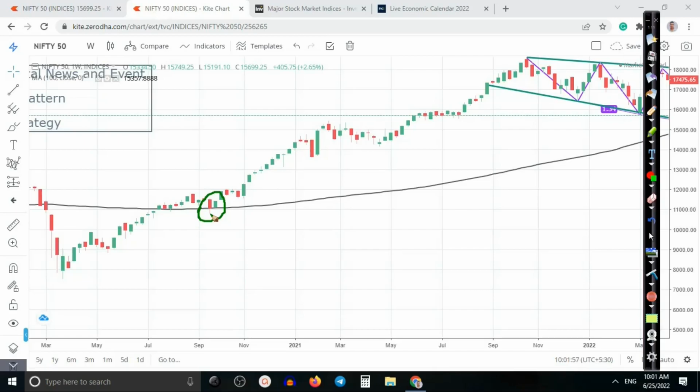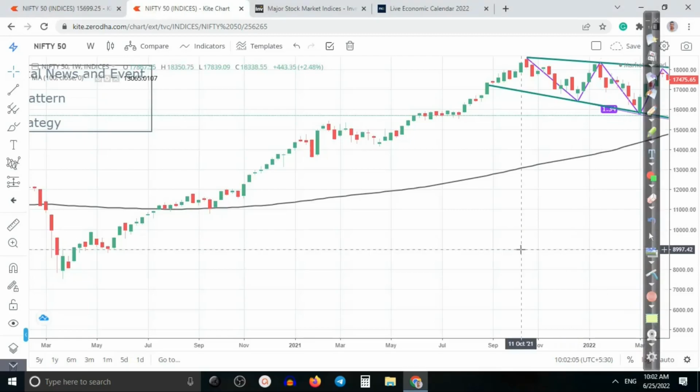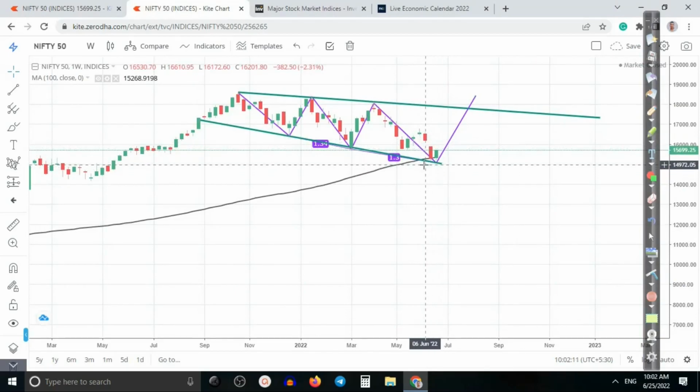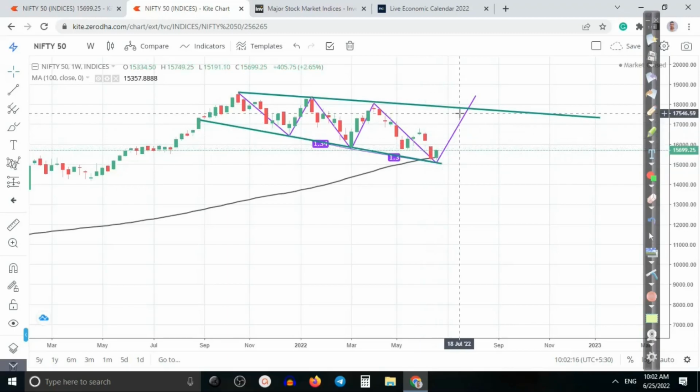Does it make sense? They formed an inside bar exactly above this moving average, and right now they also formed an inside bar. Okay, there is a probability to bounce again.